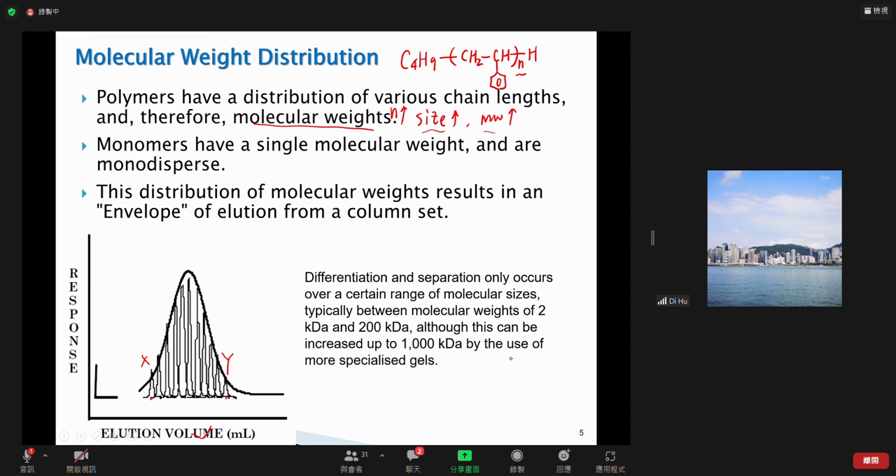However, this can increase to even larger, 1,000 K Dalton, by use of more specialized gel. Because the molecules are large, the gel needs macropores. Macropore means the pore size is large enough to handle the large molecules, right?